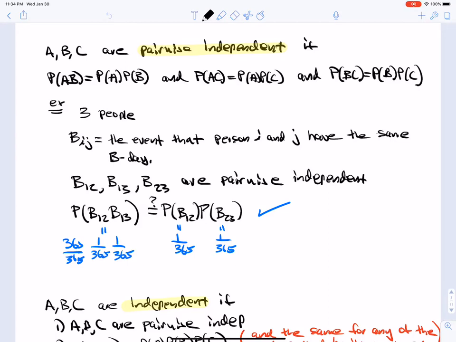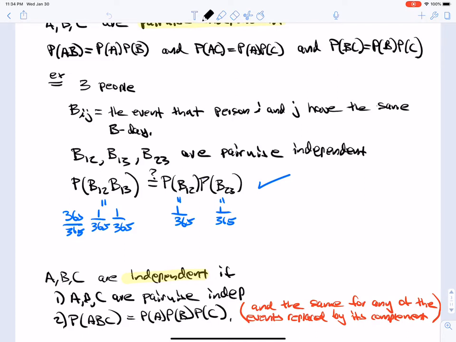So, for example, you need to show that probability of B12, B13 is equal to probability of B12 times probability of B13, and you can just see that this is the case. On the left-hand side, B12, B13 is to say that all 3 have the same birthday, which has probability 1 over 365 squared, and that's the same as on the right side.